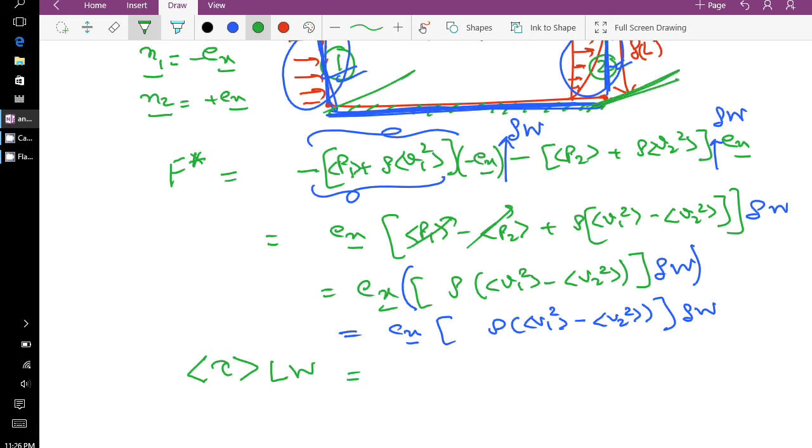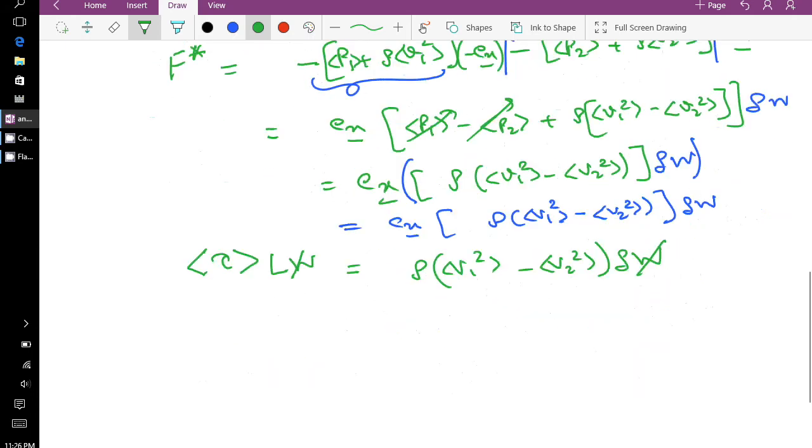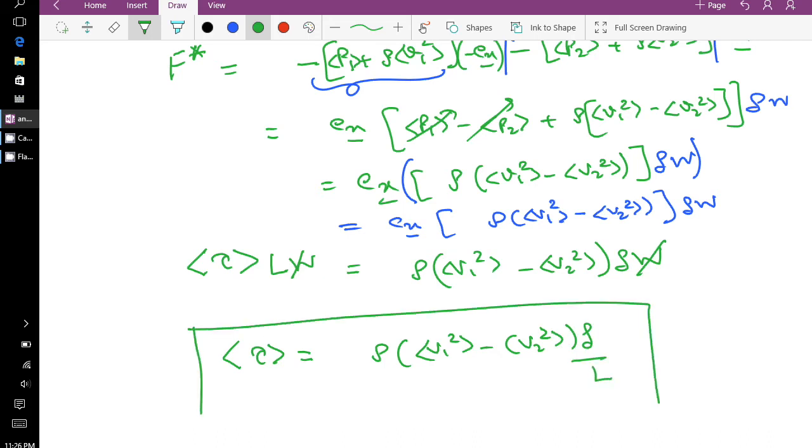Taking the magnitude now, it equals rho times the average of v1 square minus the average of v2 square, times u, and then w gets cancelled, and tau actually becomes rho into the average of v1 square minus the average of v2 square, times delta by L, right? This is what we get.